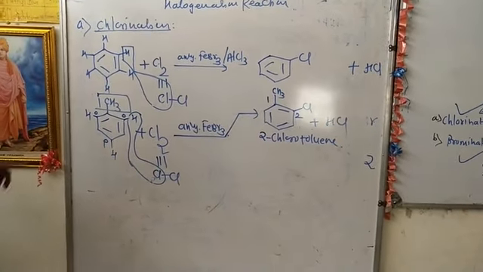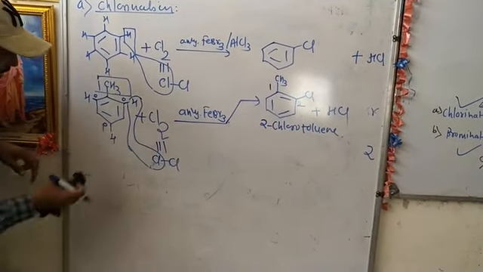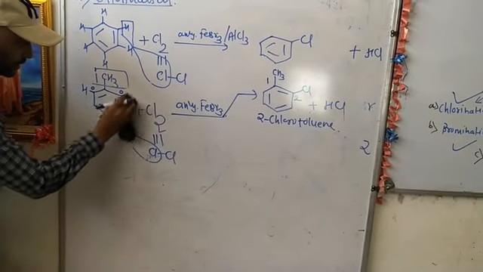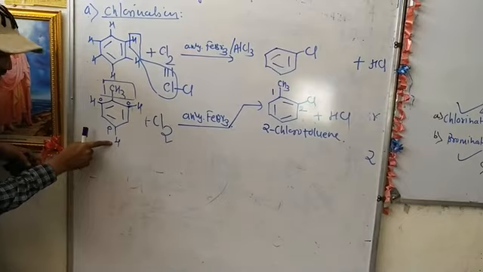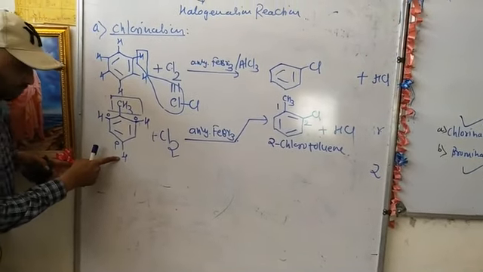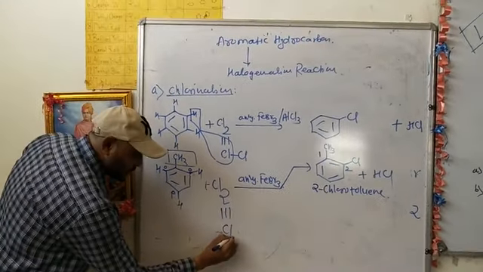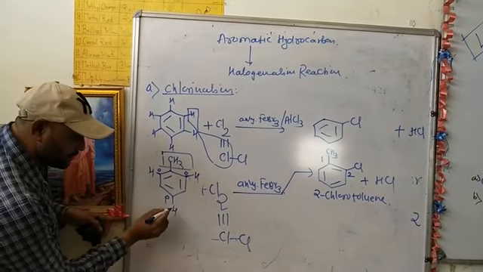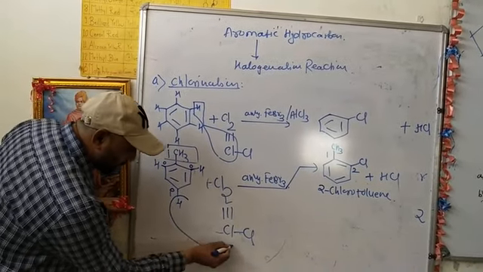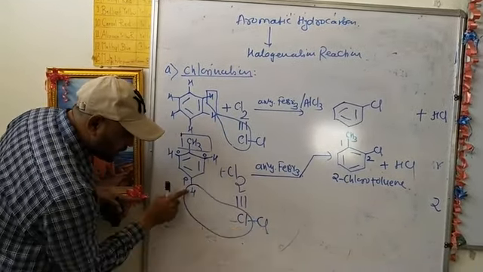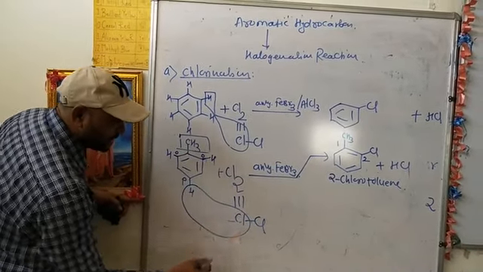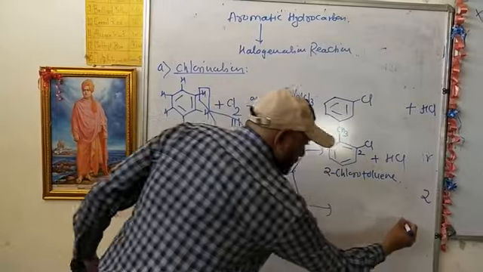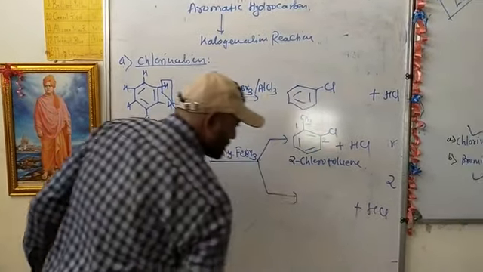Now likewise, this is para director. So we can replace the hydrogen from the para position. Cl single bond Cl. Hydrogen is replaced by this chlorine. So what is lost from this side? HCl plus.